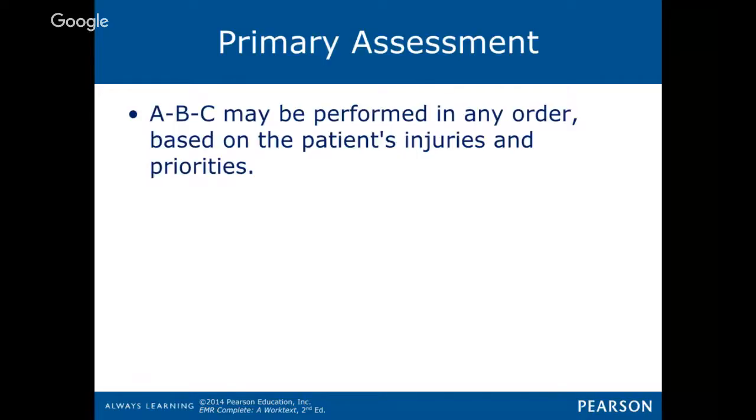But let's say, Bill, that we walk up on him, you see all this blood, and he's unresponsive. Not breathing all that great. Which one do you think we're going to do first? I'm going to check his breathing first.